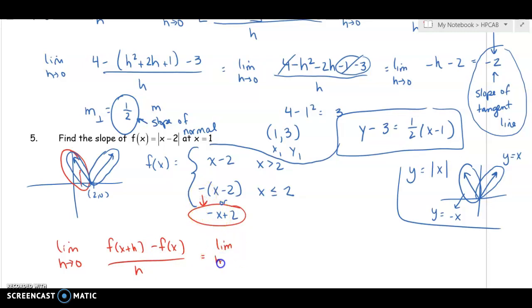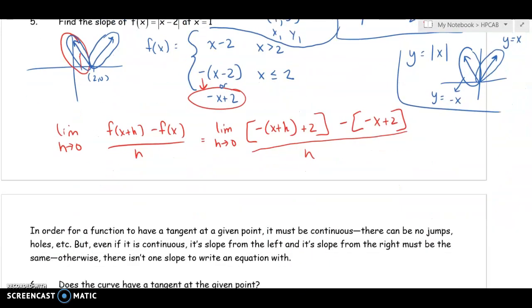So the limit as h approaches 0 of negative (x plus h) plus 2, so we have that whole thing, minus f of x, so minus the negative x plus 2, all over h. We're going to simplify this a little bit. If you distribute, you get the limit as h approaches 0 of negative x minus h plus 2 plus x minus 2, all over h.